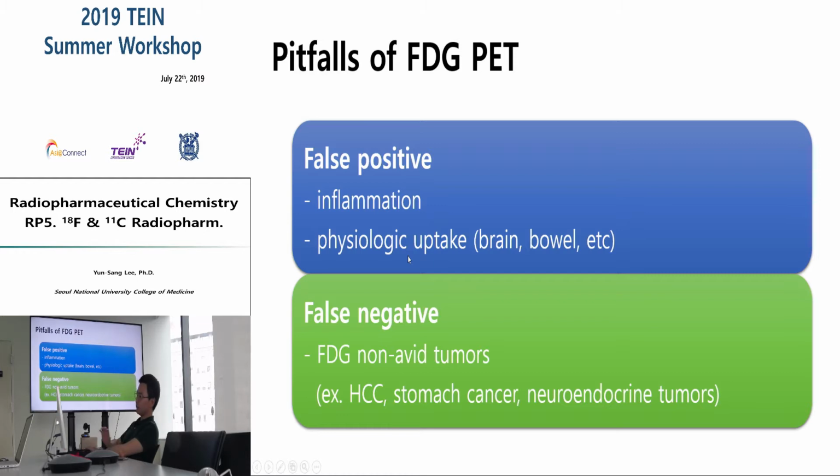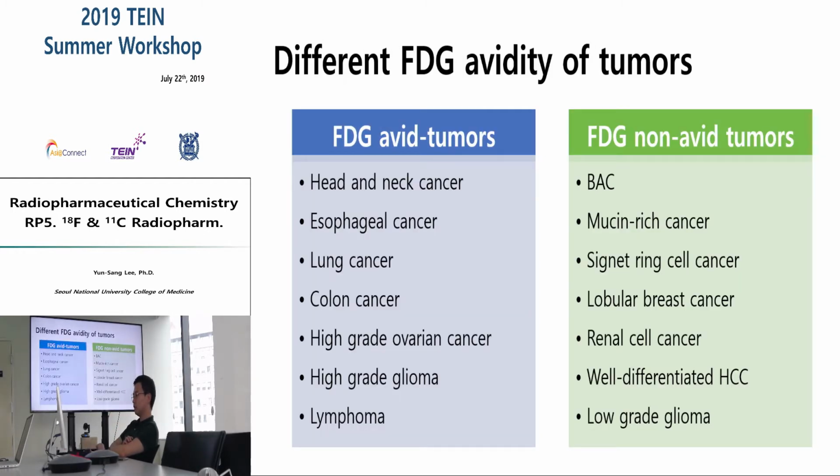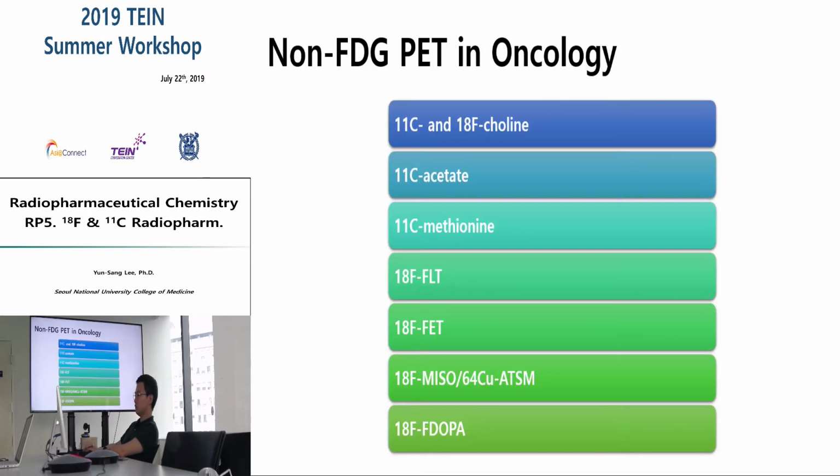FDG PET has false positives for inflammation and physiologic uptake, and also false negatives due to low FDG-avid tumors. So widely, we can classify tumors as FDG-avid and FDG non-avid tumors.